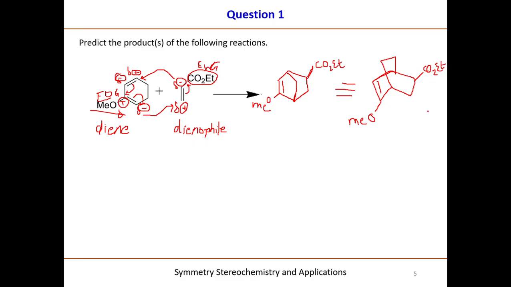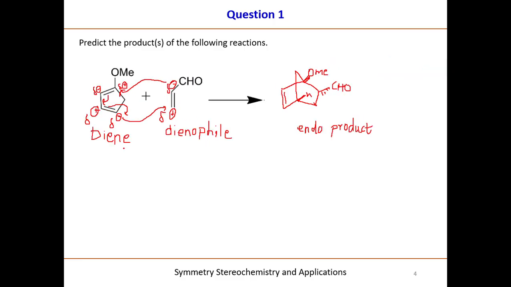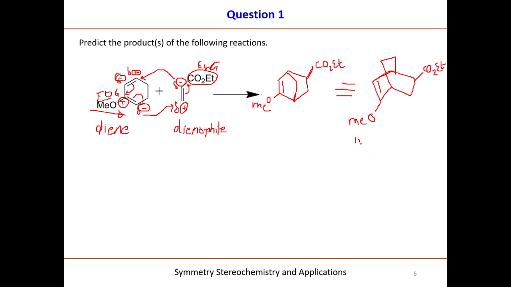So this is a 1,4 product. In the previous case, we got the endo and 1,2 product. Here we have the 1,4 product. And again we will get the endo product because of secondary orbital interaction. So this will also be your endo product only.